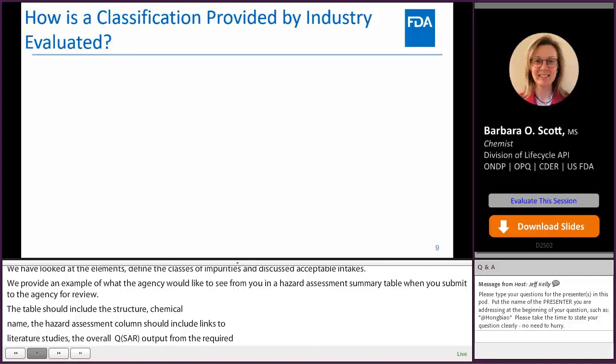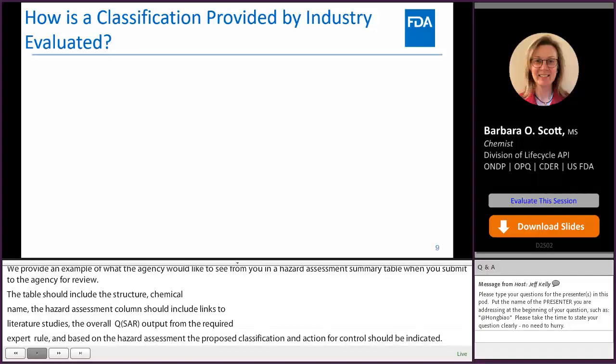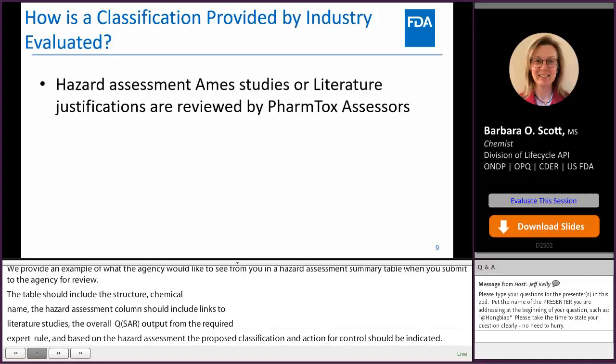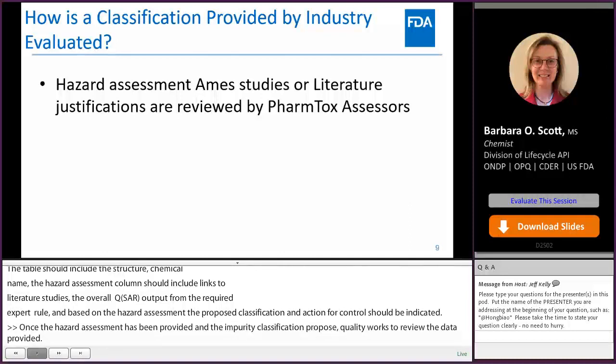Once the hazard assessment has been provided and the impurity classification proposed, the quality and safety assessors work together to review the data provided. For literature justifications or Ames studies performed by the DMF holder or applicant, our pharm tox assessors ensure that the literature supports the classification, and if Ames studies were performed, that they are fit for purpose and appropriate based on the intended drug product.